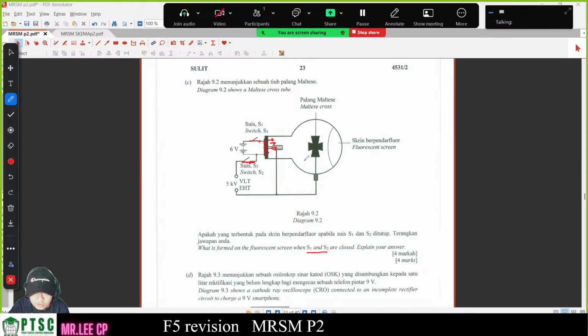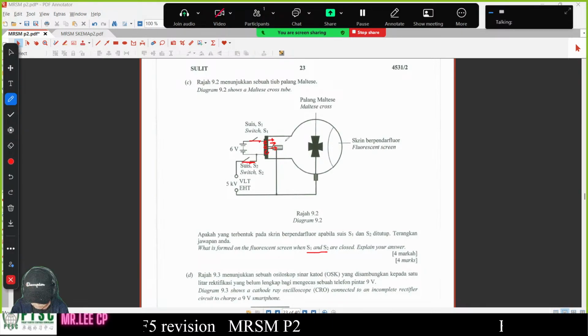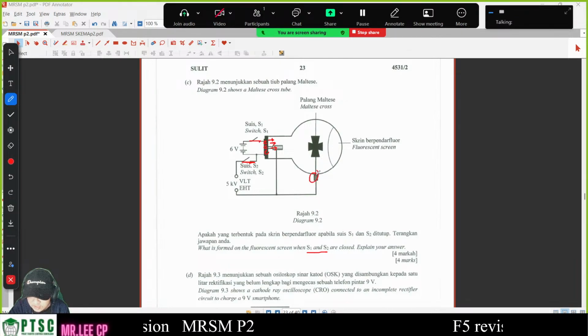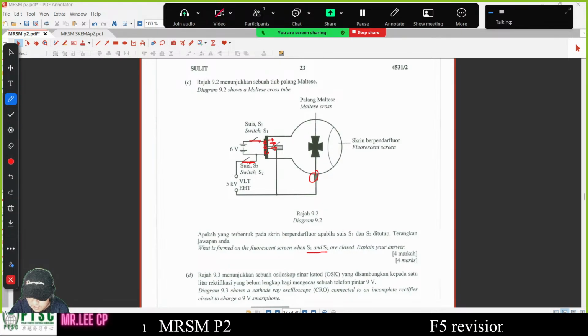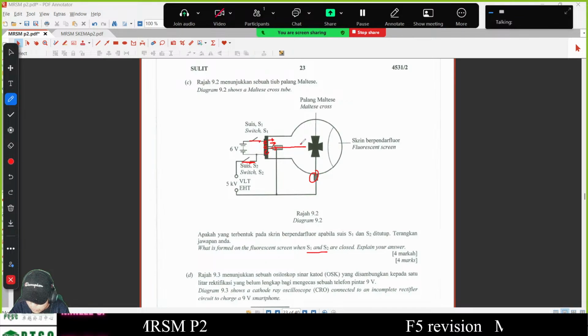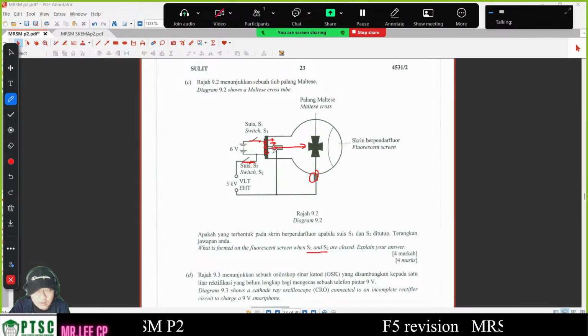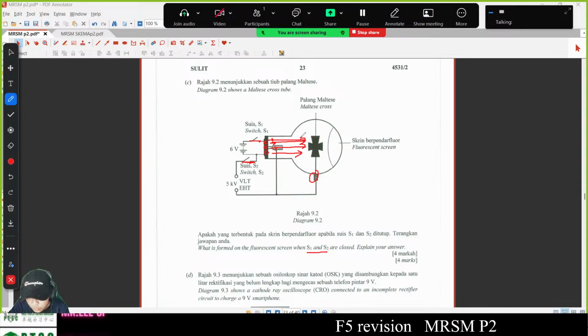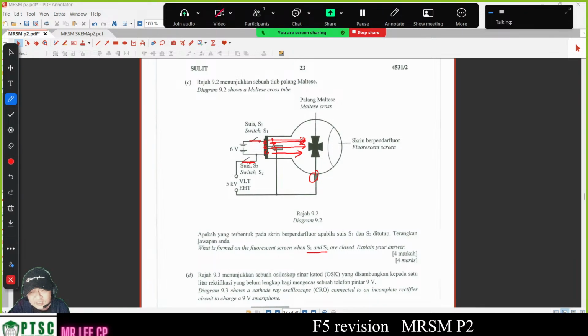Here this is the cathode and this is the anode. The anode here is going to pull the electrons to here, to accelerate the electrons.